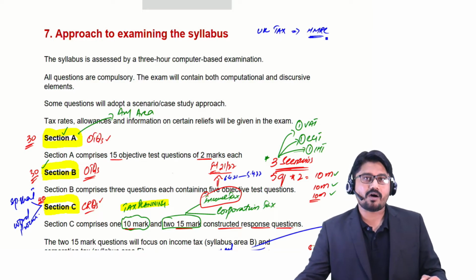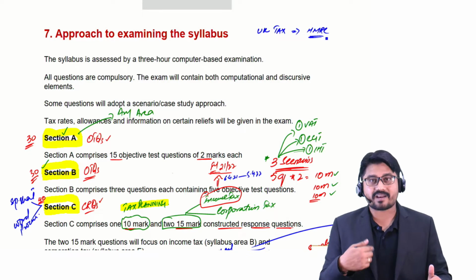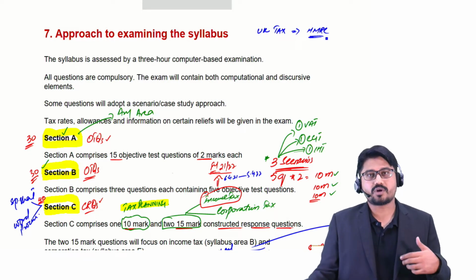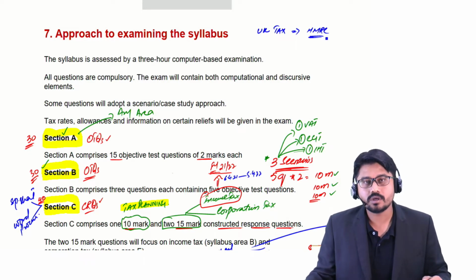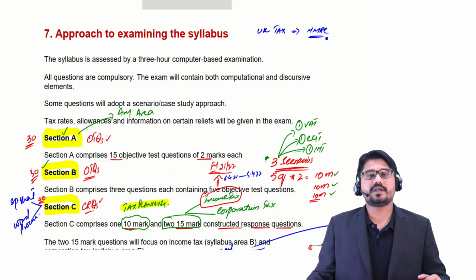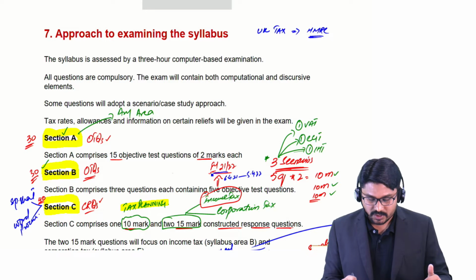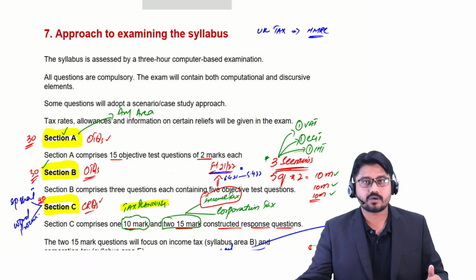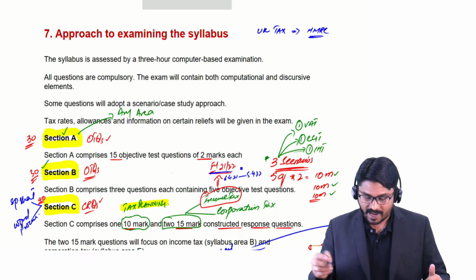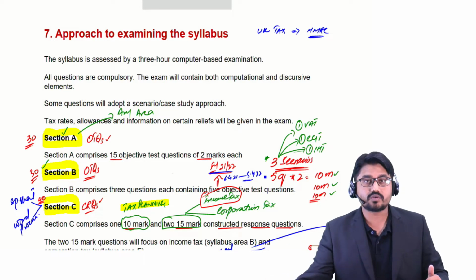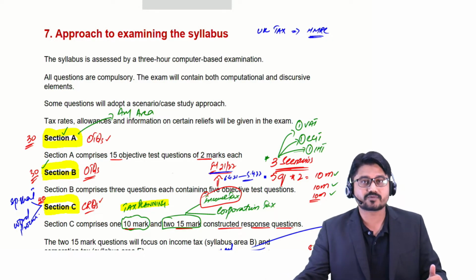HMRC guides how a person should calculate their tax liability for a fiscal year. The students who are taking taxation in June 22, September 22, December 22, or March 23, the relevant fiscal year is 21-22, which starts on 6th April 21 and ends on 5th April 22. So those are the relevant dates for calculating the income tax liability of an individual person.